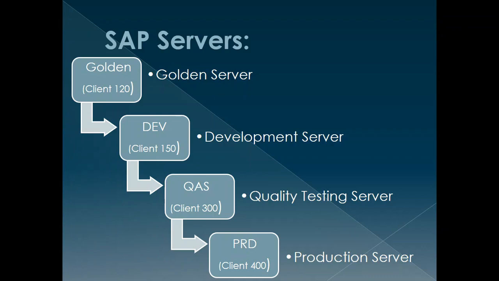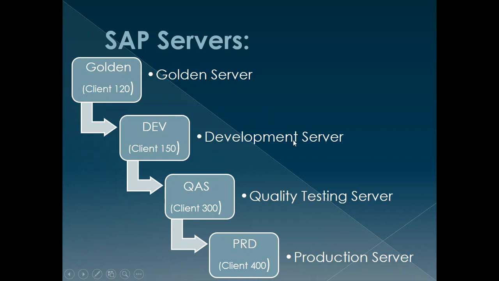Now, come to the topic SAP servers. Let's understand there are four types of servers mainly in most of the companies. Golden client, it is called golden server. It is identified by a number, any number 100, 120, any number can be given.